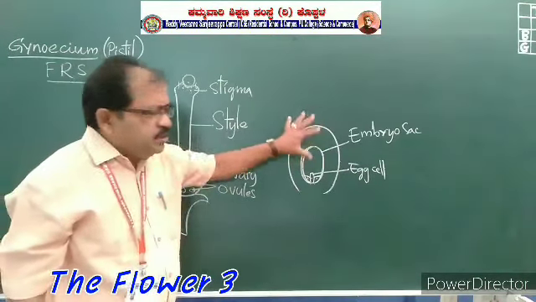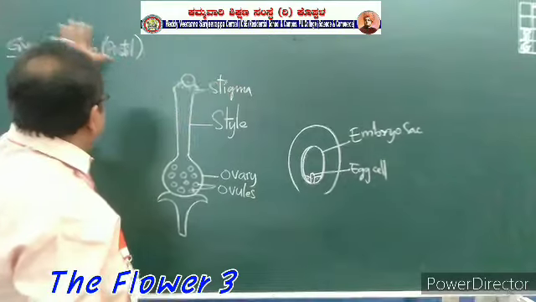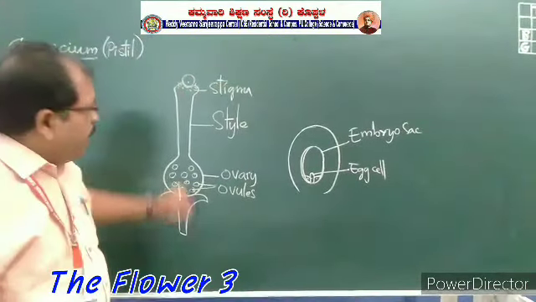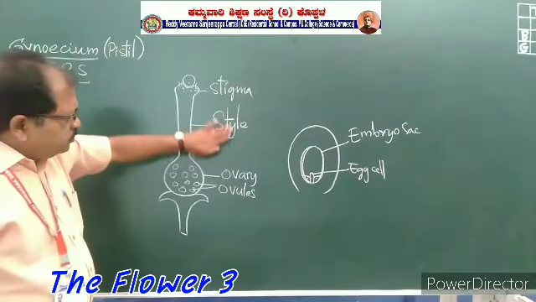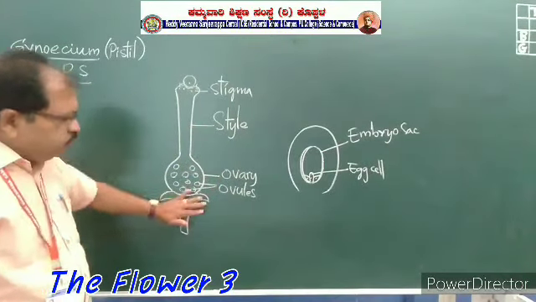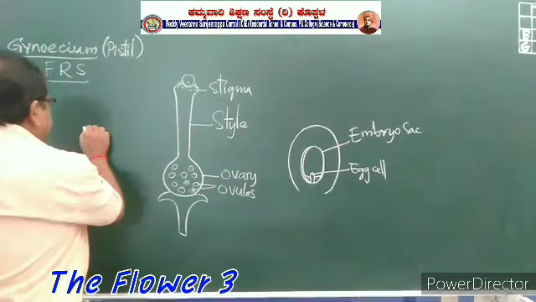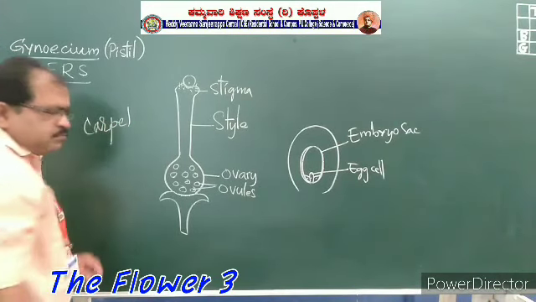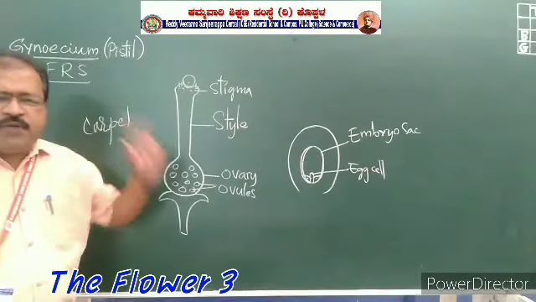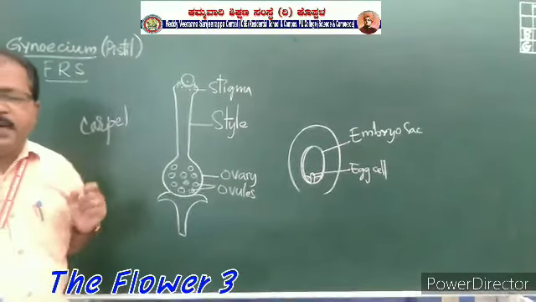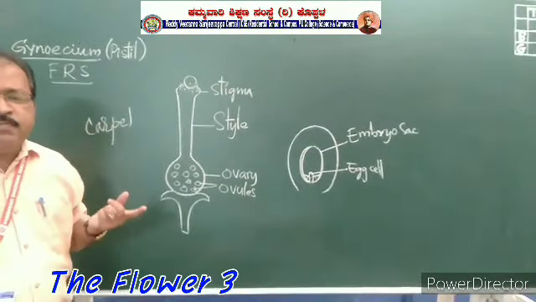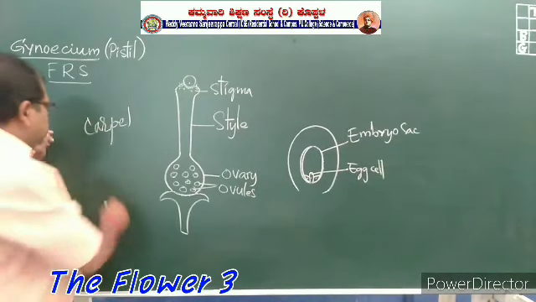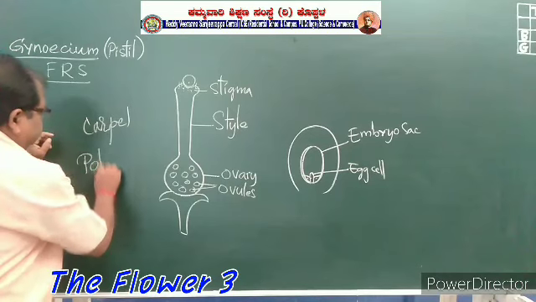Okay, these are the structures present in the gynoecium, or we can say the pistil. And here, the stigma, style, and ovary together are called the carpel. A flower may have one carpel, then it is called a monocarpal flower, and if more than one carpel, then it is a polycarpal flower.